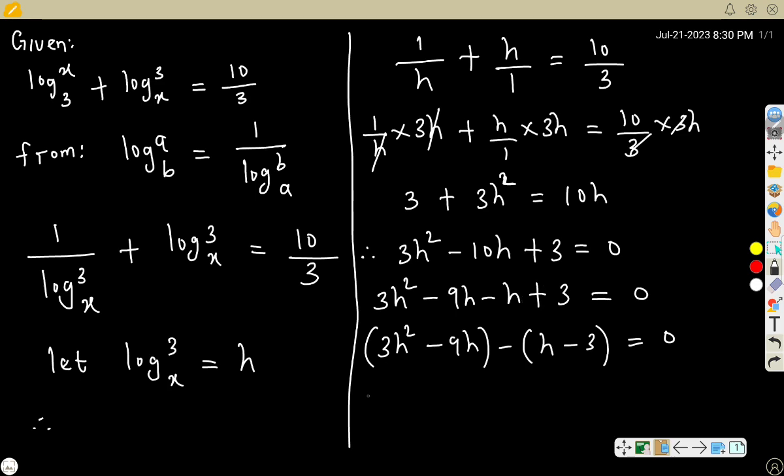What is common in this bracket? 3h is common. I'm solving straight because I believe you can solve quadratics. So 3h into h minus 3, minus 1 into h minus 3 equals 0.